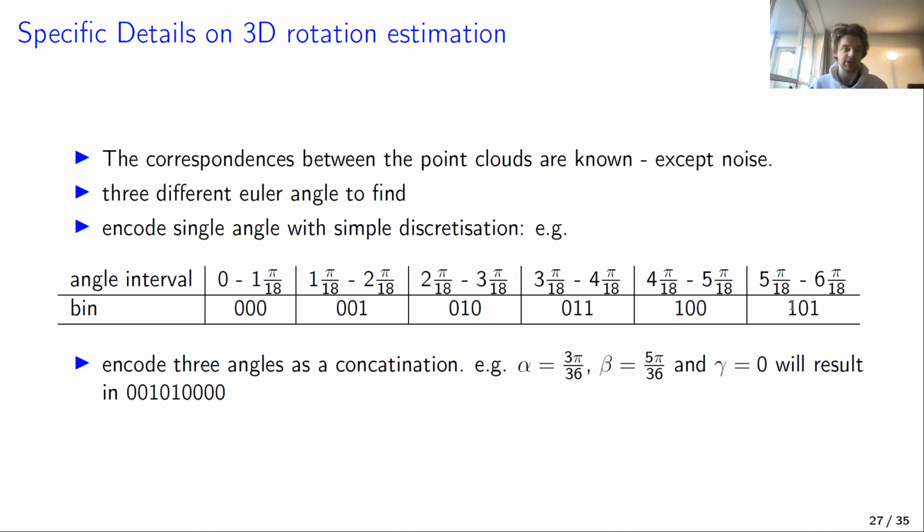The final solution is basically a 9-bit string, where the first 3 bits are the first angle, the second 3 bits are the second angle, and the last 3 bits are the last angle, as we can see down here in the last line. If we would encode alpha, beta, and gamma, we would then receive this string.